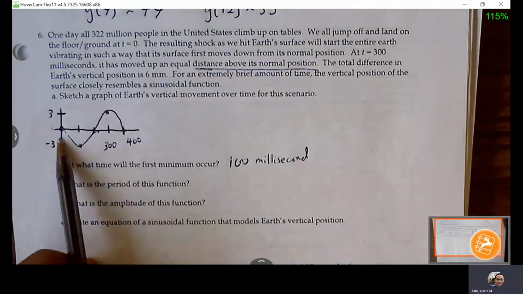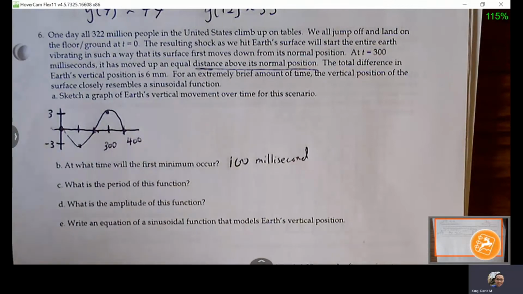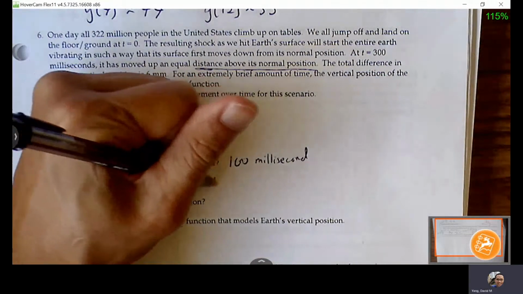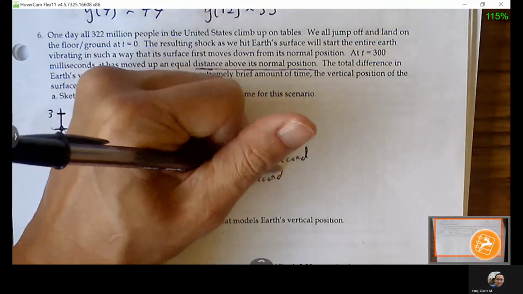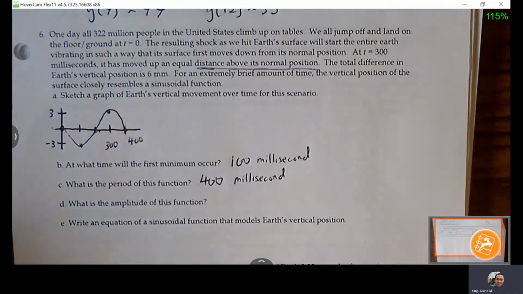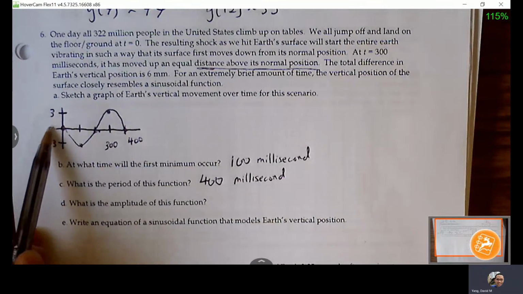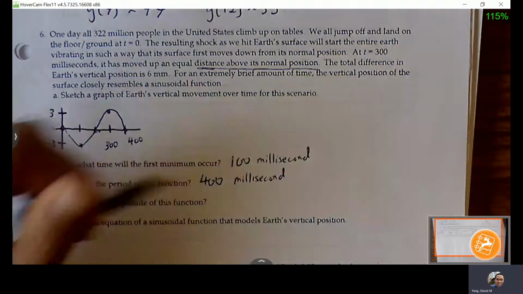Period of this function, we see it clearly here, 400. Amplitude, that's just the A value from the midline to the max.